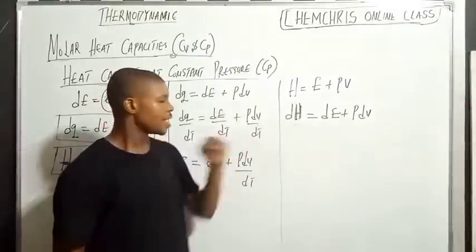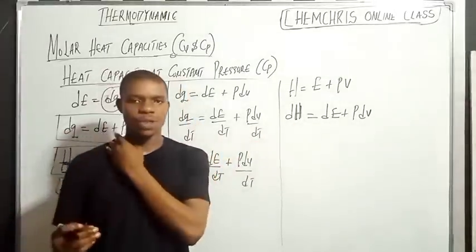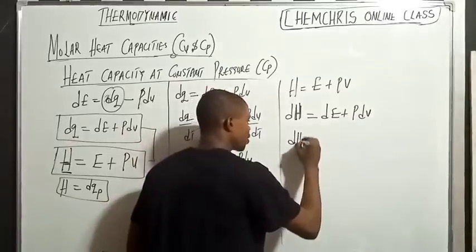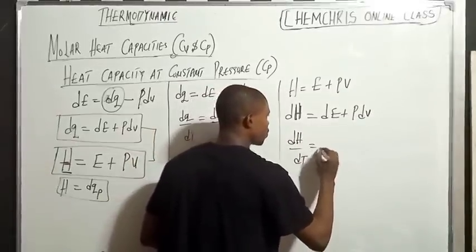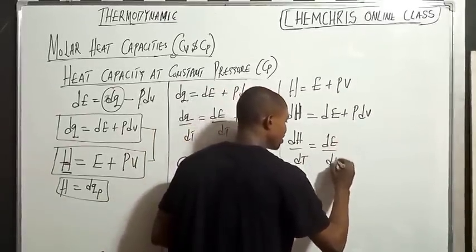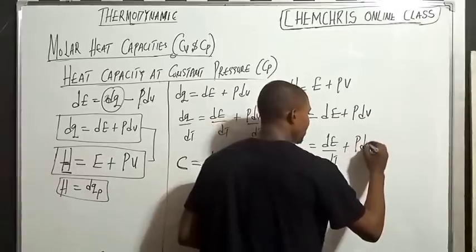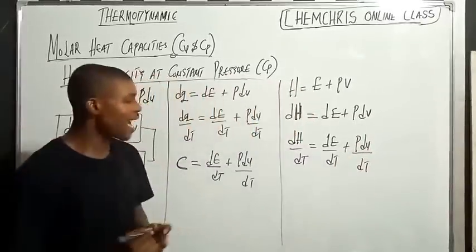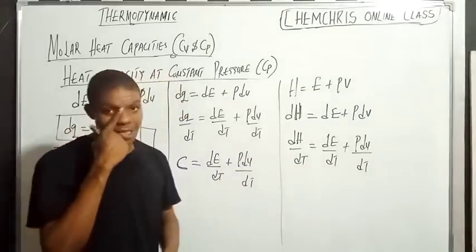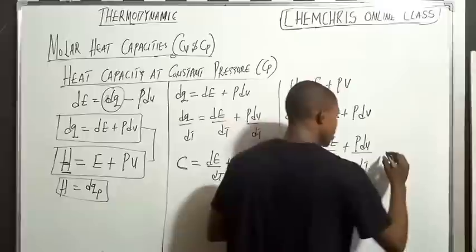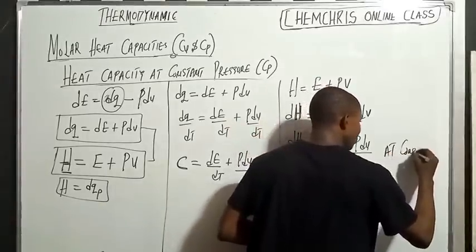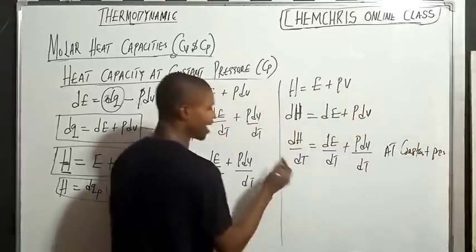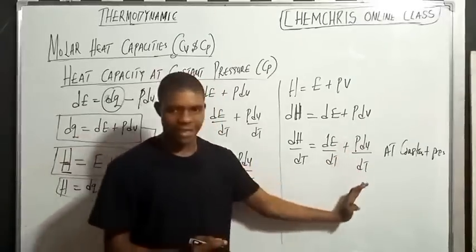Do you understand? Now let's divide both sides by change in temperature. If you divide both sides by change in temperature, here we have change H over change T equals change E over change T plus P change V over change T. Now look at something here. At constant pressure, nothing will be affected. You understand?